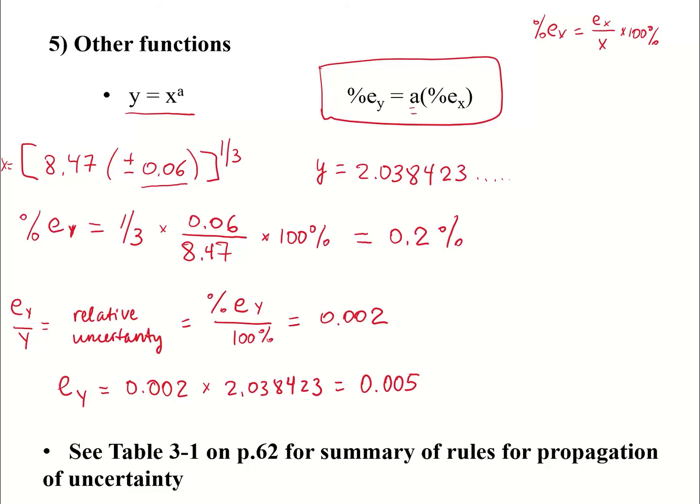So my uncertainty is going to be in the 1000ths place, and I can only keep 3 decimals in my answer. So y is equal to 2.038 plus minus 0.005.